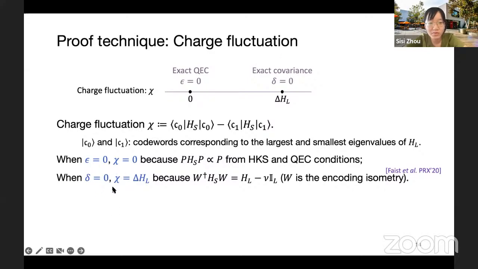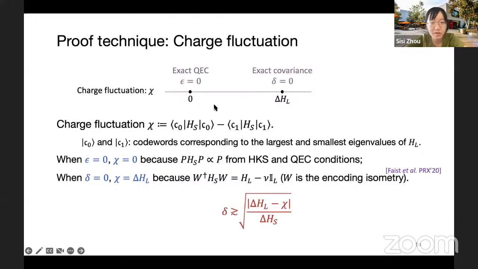One can also prove that chi has to be delta HL, which is positive, because this physical Hamiltonian must be mapped to the logical Hamiltonian if the code is exactly covariant. So we can see that it is somehow an indicator of the incompatibility between the error correcting property and the covariance.